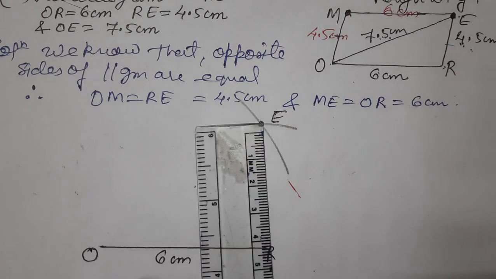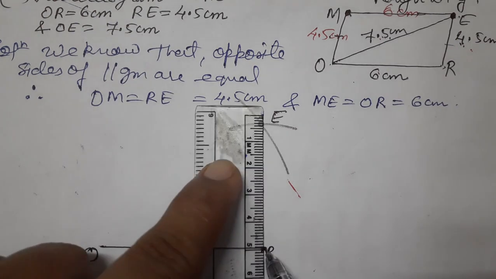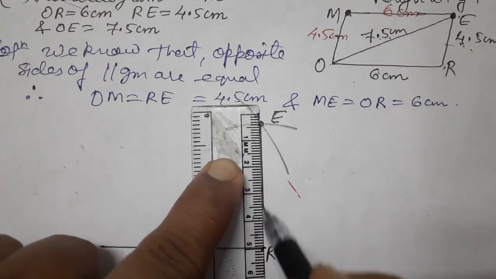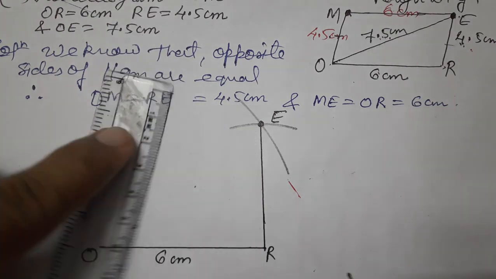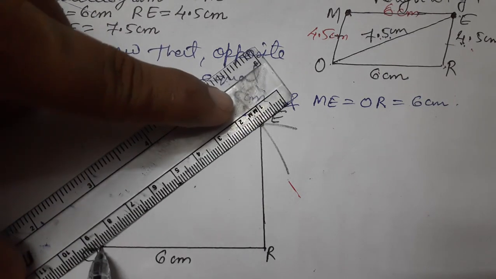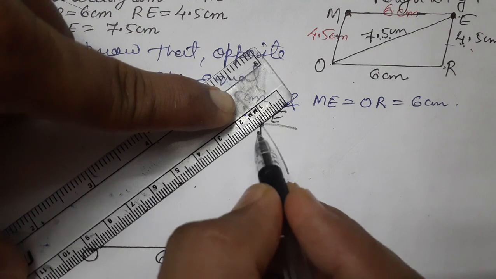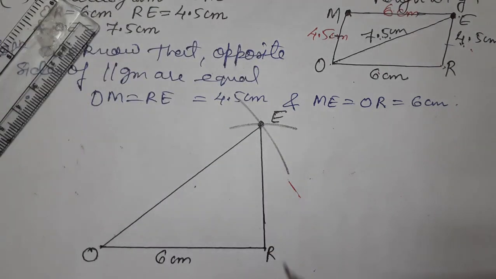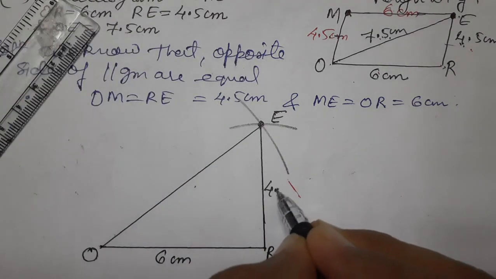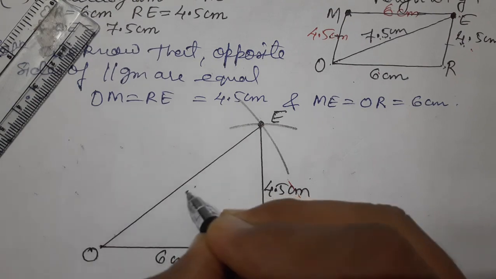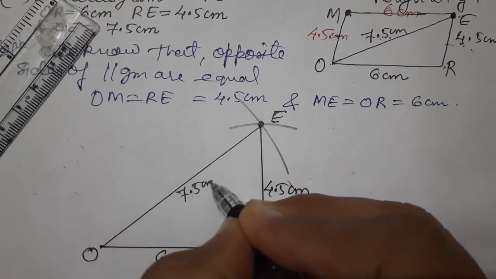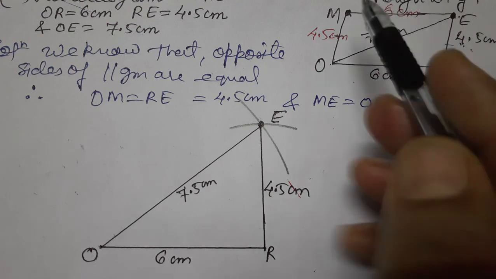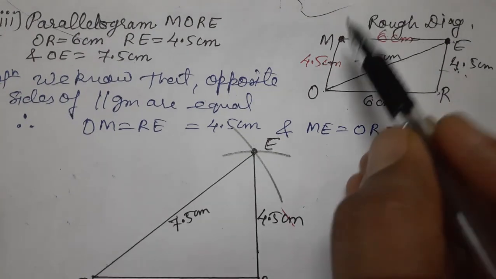Join it now. So this is 4.5 and this is 7.5.